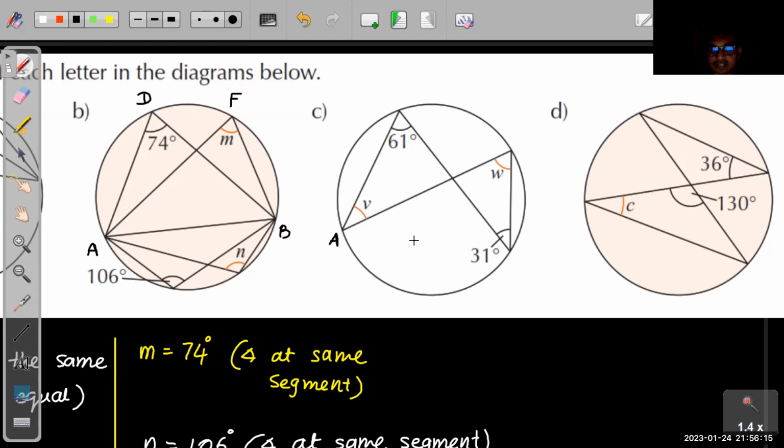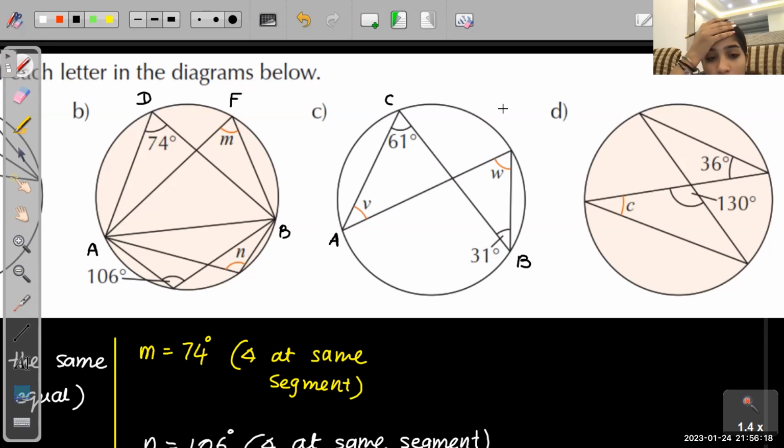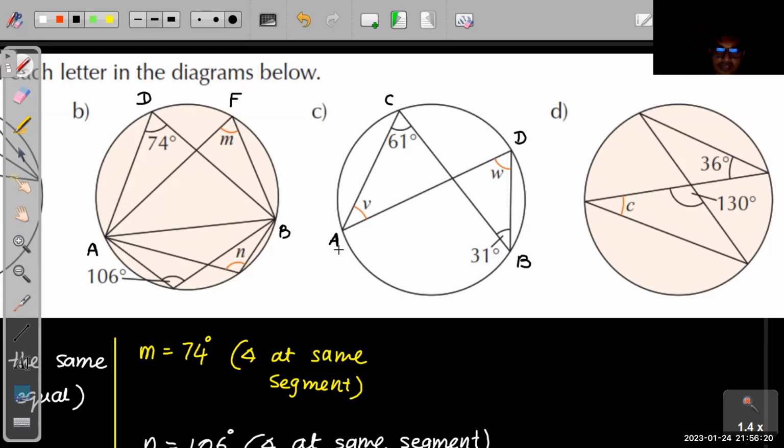If I name these A, B, C, D: starting from A, going to C, coming to B; starting from A, going to D, coming to B. Then 61 is equal to W. W equals 61 degrees, angles at the same segment.